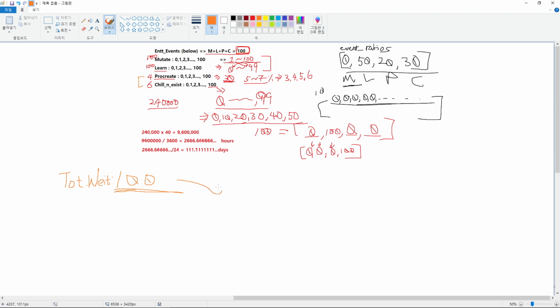And if I do that, I get 240 combinations, or 240 event ratios. So it went from 240,000 to 240 event ratios.